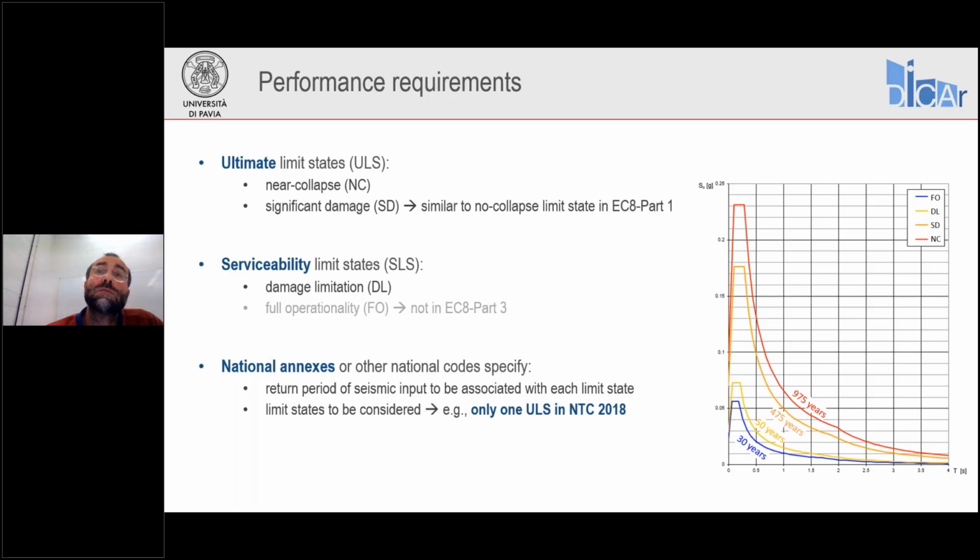And also, it refers to these documents to select which limit states should be considered in the analysis. For example, if we follow NTC 2018, for most buildings, we can only refer to 1 ultimate limit state, either near collapse or significant damage. We can just check one of these. Only for strategic buildings, we need also to consider serviceability conditions.